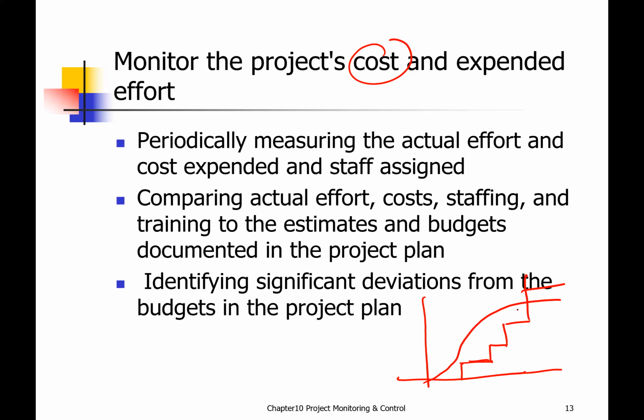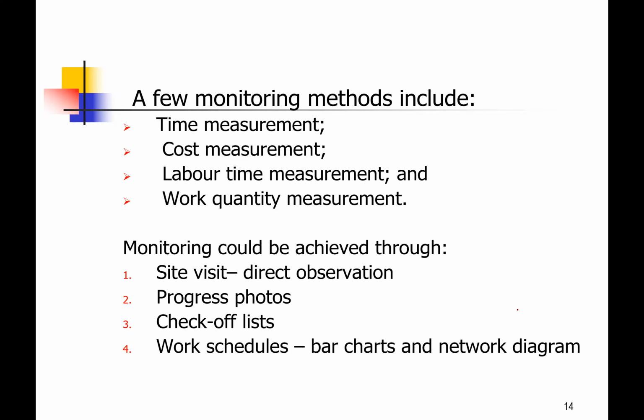Then the difference is basically the cash required for the project. So even that thing you can also monitor. Okay, a few monitoring methods other than what we mentioned: time measurement, cost measurement, labor time measurement, work quantity management. So in our slide, we are just going to explain a few examples only related to this one. Okay, there are a lot more you can read.